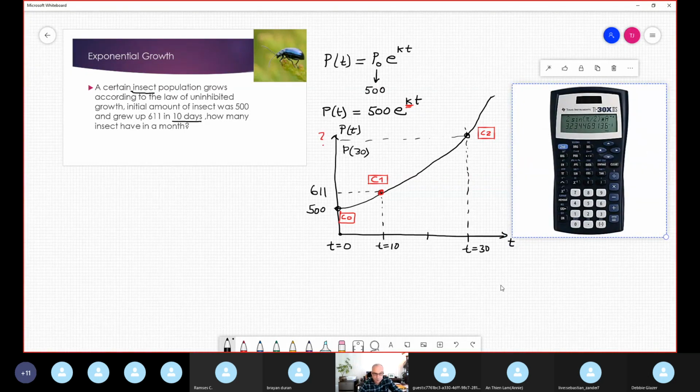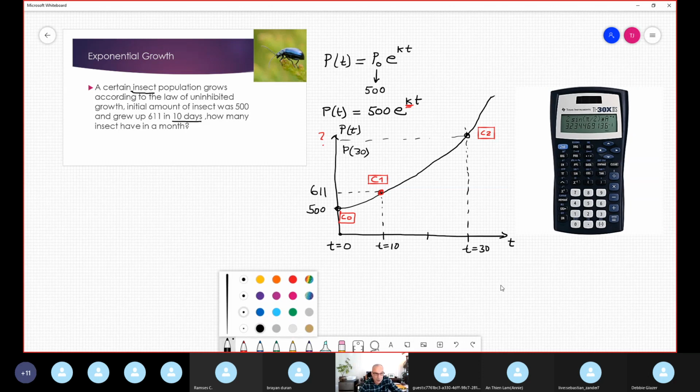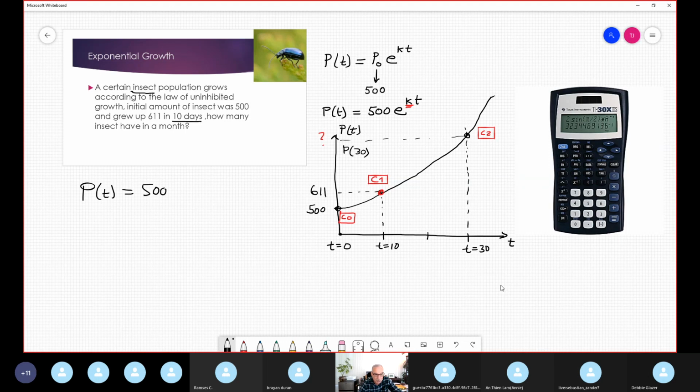Okay, I copy again the formula. The formula says population at any time is equal to 500, remember 500 was the initial amount of the insects, e to the kt. Now I'm using condition 1, because in condition 1 I have the full information. I have the time, 10, and the amount of insects, 611.